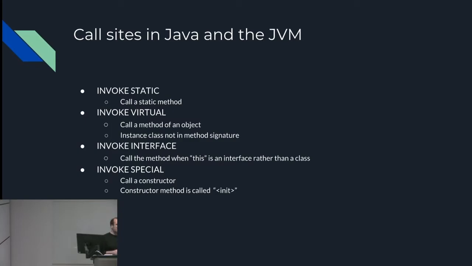Invoke interface, which is almost exactly like invoke virtual, except the type of this is an interface rather than an object. These are confusingly almost the same, and it's sort of a weird quirk of how the JVM is implemented that they are different, but we're going with it. And then invoke special, which is used primarily to call constructors. The name of a constructor is always angle bracket init, close angle bracket. So it's a name that you could never type in as a proper method name.